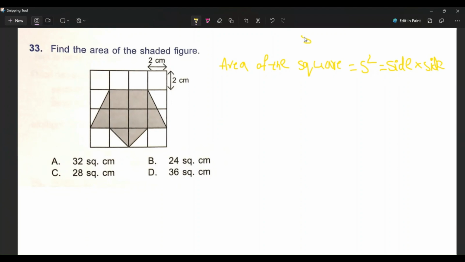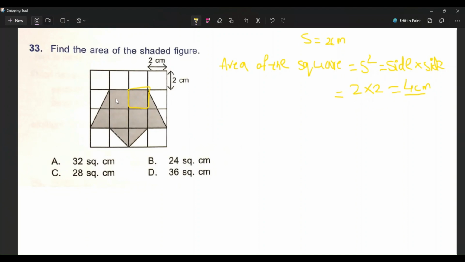The given side is equal to 2 centimeters. Let's find out area of a square. 2 into 2 is equal to 4. So 4 centimeter square. Each square is equal to 4 square centimeters.